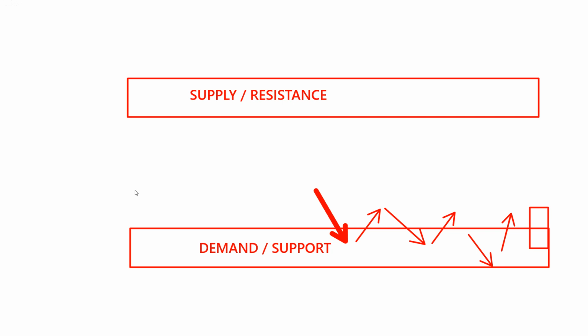But at some point, I want to see strong demand. First thing. Second thing, I want this type of candle to be bigger than the last 3 to 5 candles when we are trying to consolidate the latest move to the downside.